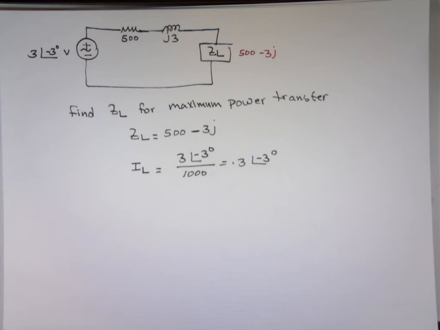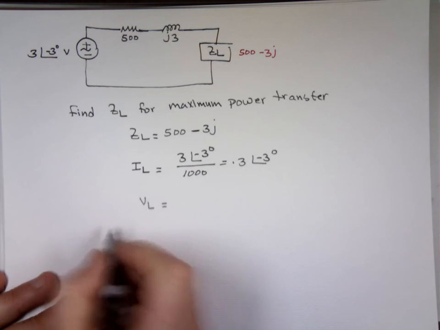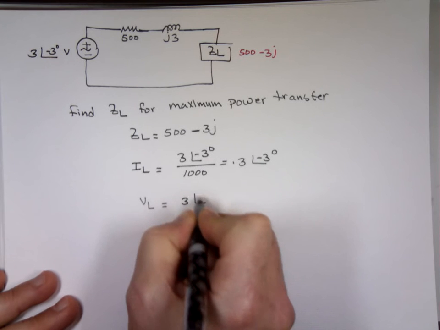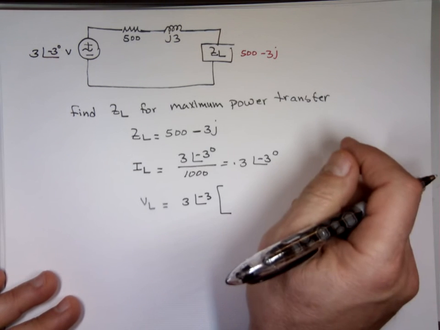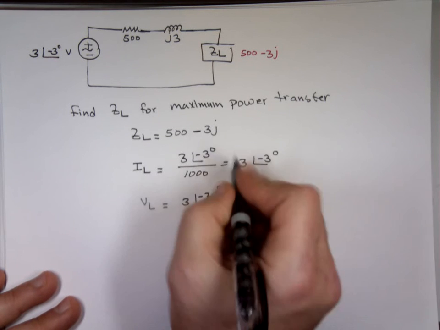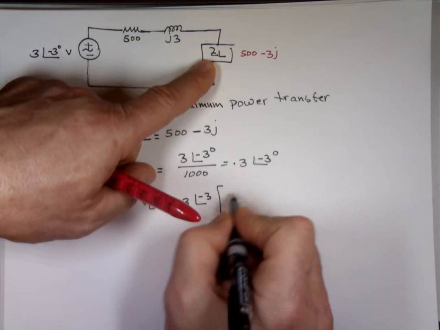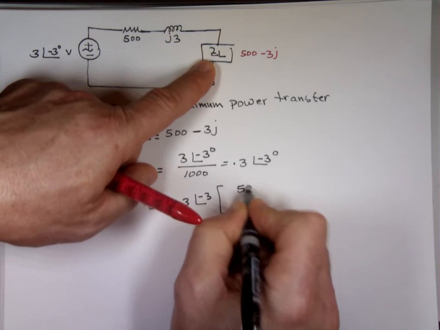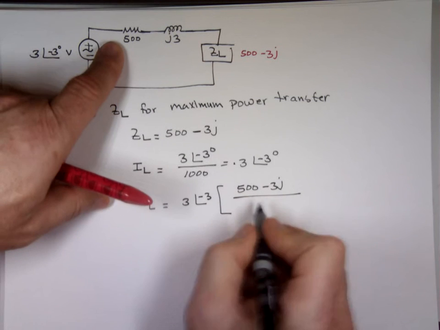What is the voltage across the load? That's voltage division. 3 angle negative 3 times what? 500 minus 3j over the sum of them, which is what? 1,000.